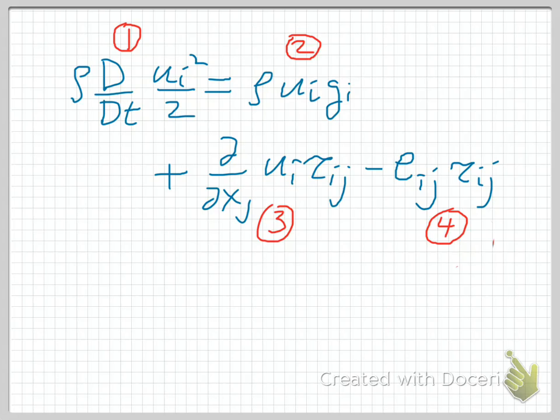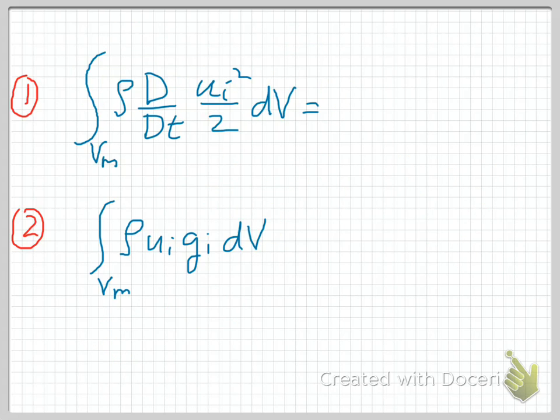And now we're going to take each one and integrate it over some material volume. So we'll apply this operation to it, the integral over a material volume of the term times dV. We'll do that one term at a time, starting with term number 1.